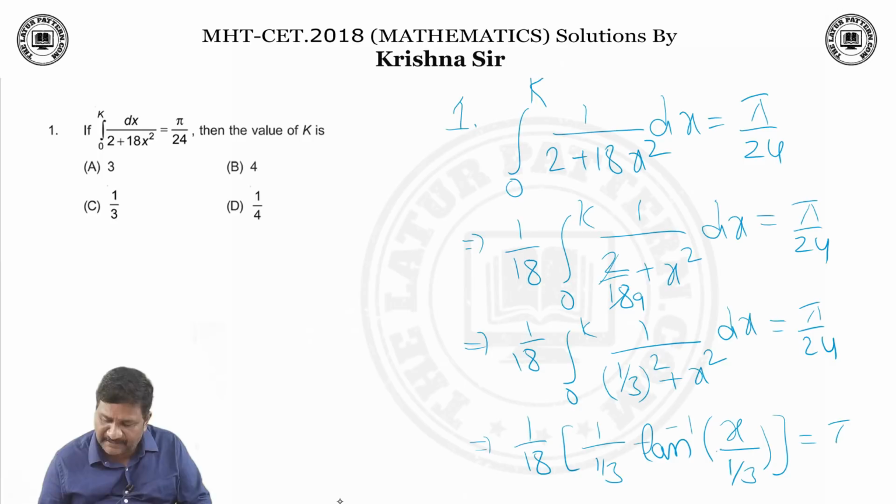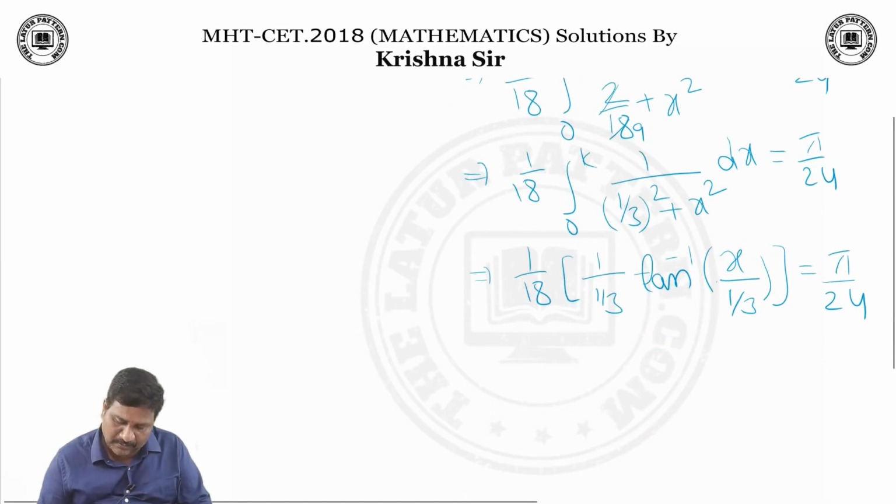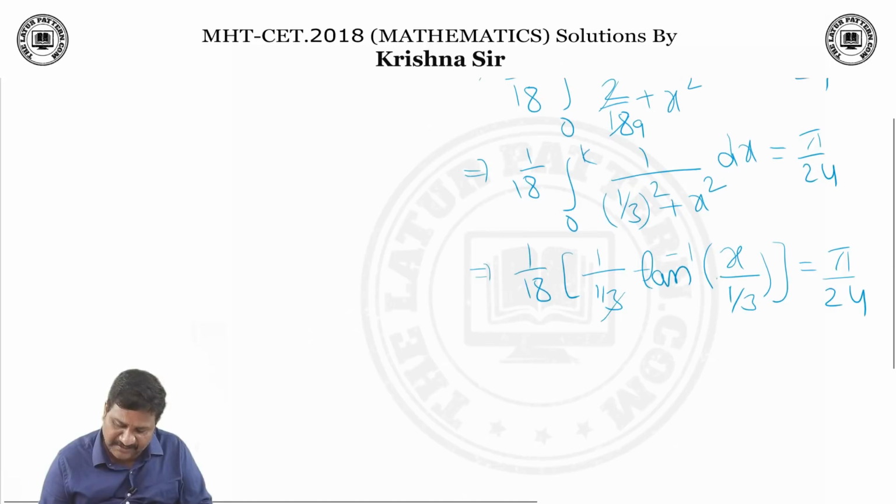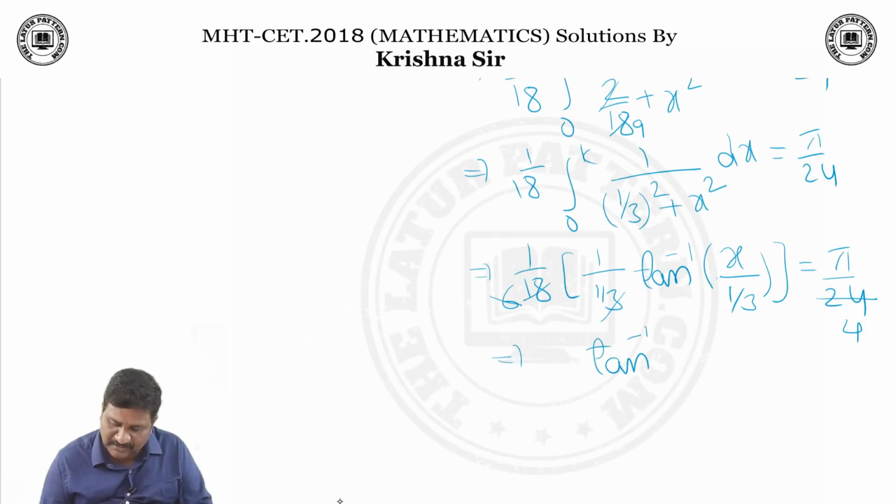It is equal to pi upon 24. Now the 3 and 6 cancel, and 6 and 4 cancel. Then tan inverse 3x with limits 0 to k is equal to pi upon 4.